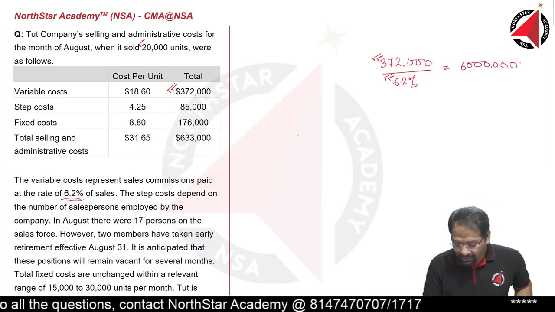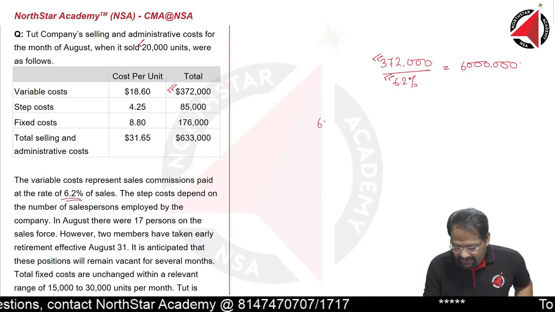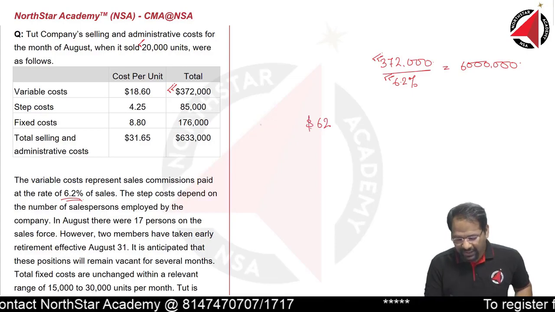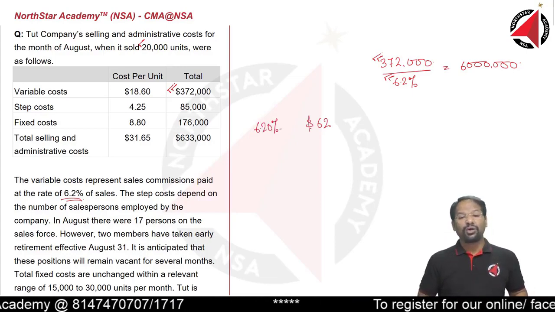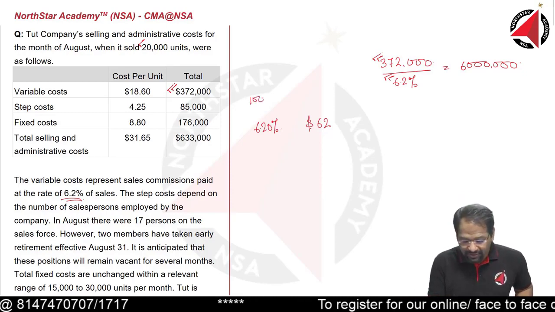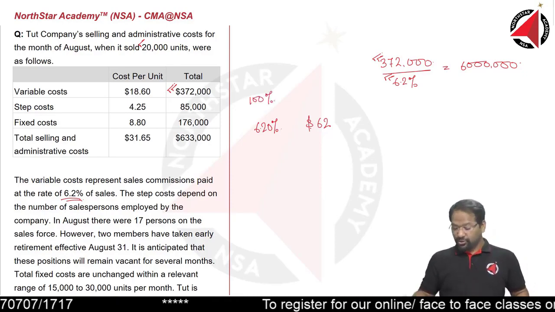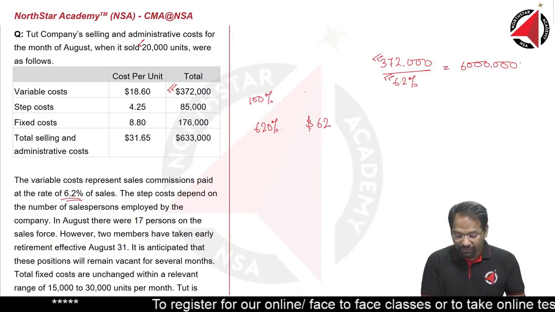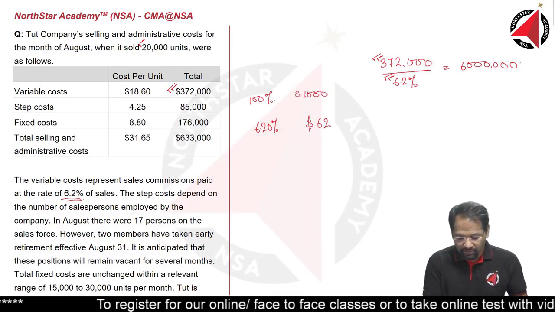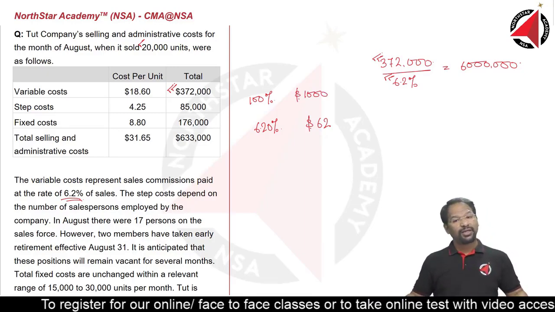Suppose variable cost is $62 and this equals 6.20% of sales. And sales is always equal to 100%. So 62 divided by 6.2% gives $1,000, meaning the sales price is $1,000.